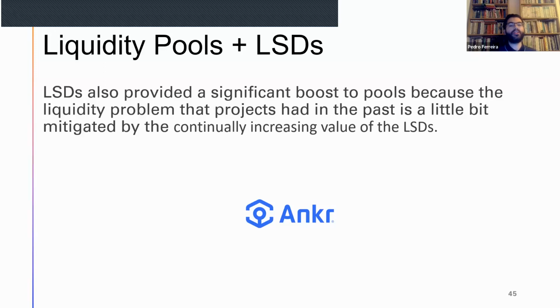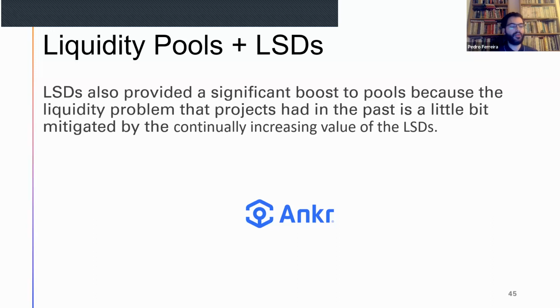What are the advantages of LSDs together with liquidity pools? We were talking about the fact that in liquidity pools you lose a lot of money through impermanent loss, but LSDs can mitigate that problem a little. Why?